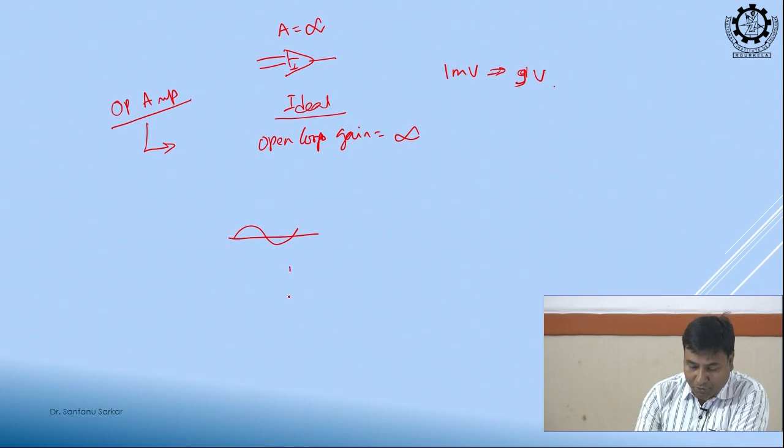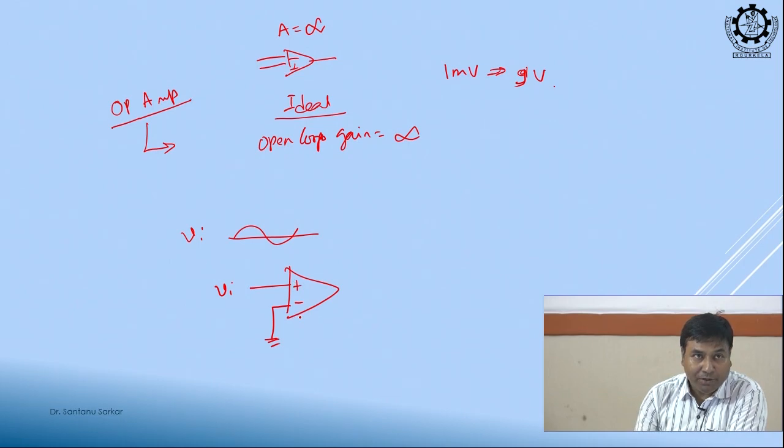My structure is like this: positive input I give this Vi, negative input I make ground. So it will compare the positive input with which voltage? This negative input is 0, so it will compare with 0. The moment Vi is above 0, the output will go to what voltage? Plus what?